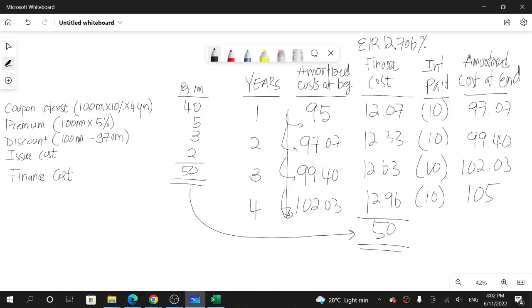That's why you call it a superior method than the other methods.